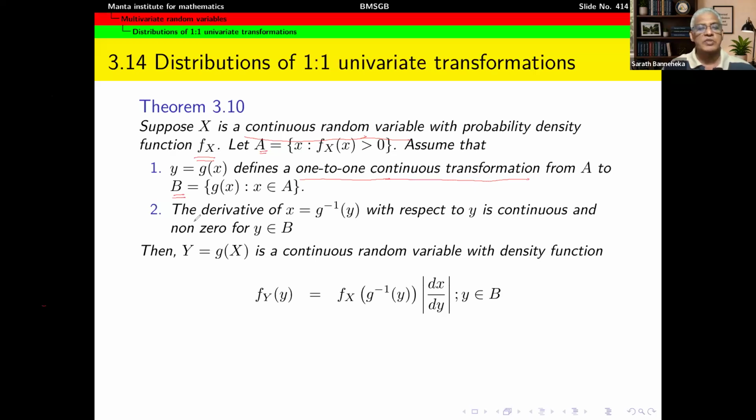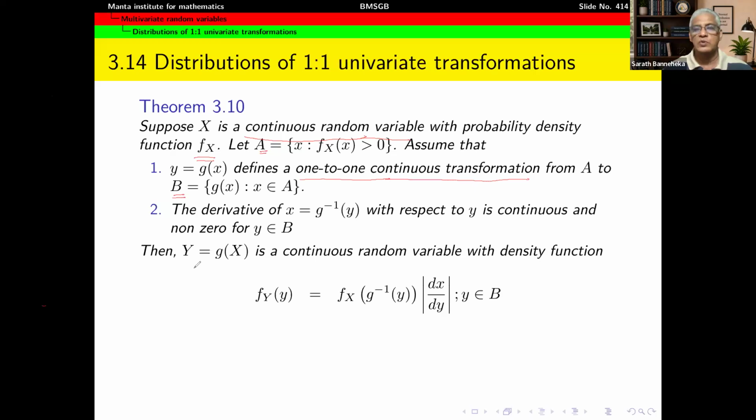The second assumption is that the derivative of x with respect to y is continuous and non-zero for y in this set B. When those two assumptions are satisfied, then capital Y equal to g of capital X is a continuous random variable with the density function given by this expression.